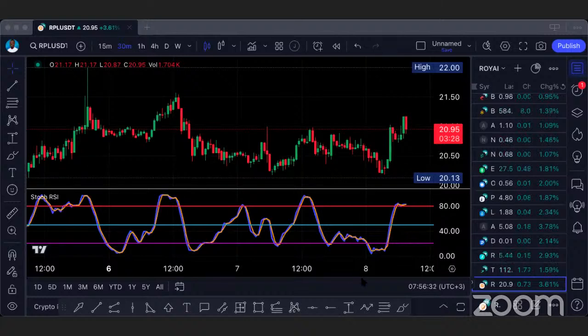Now, as we decide to use the stochastic RSI as one of our tools for business, it is very important, ladies and gentlemen, to always enter our trades around this area, between this line and this line, especially if you are still very new in this area.